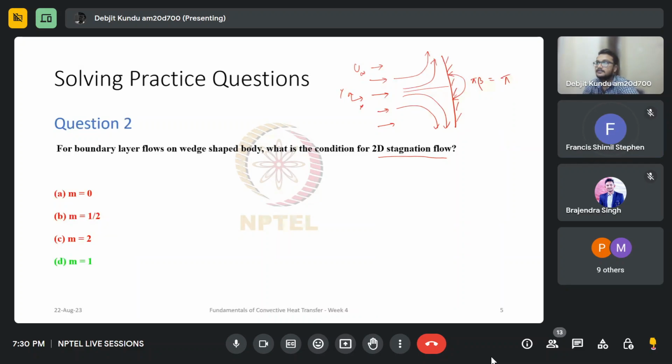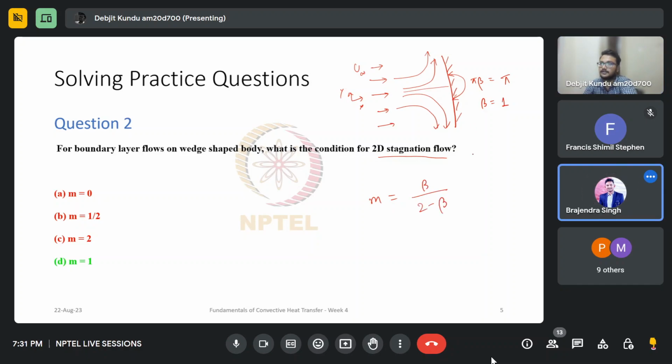Okay. And what is the relationship? So the value of beta would be 1. So what is the relationship between beta and m? How can we write m in terms of beta? Beta upon 2 minus beta. Right.